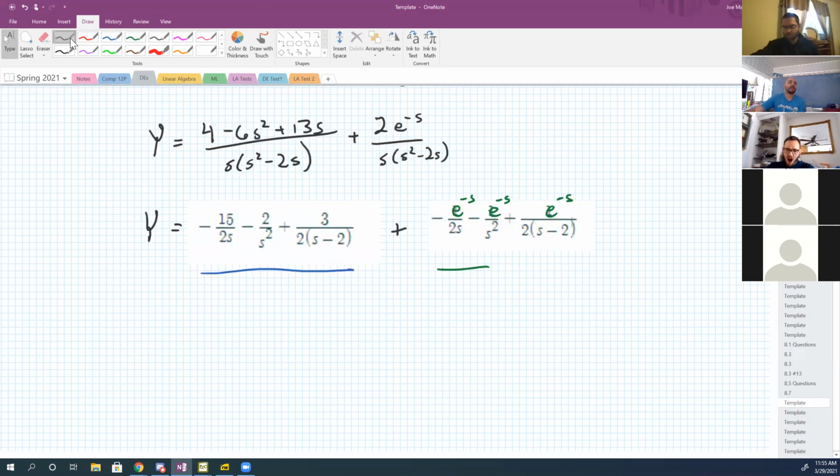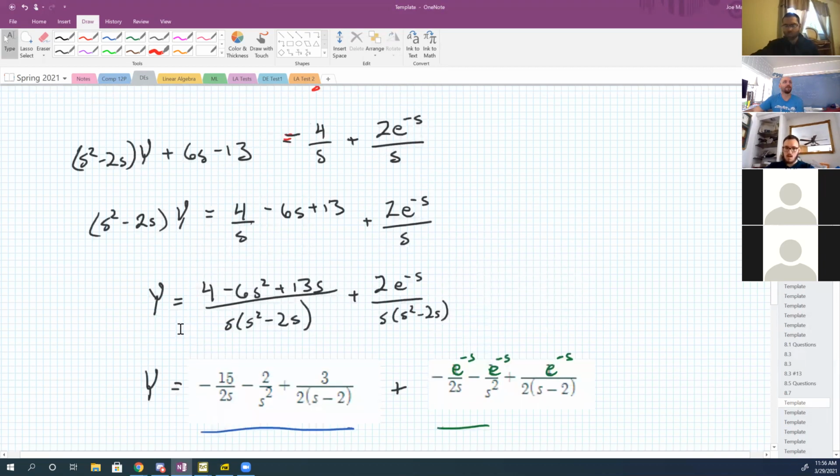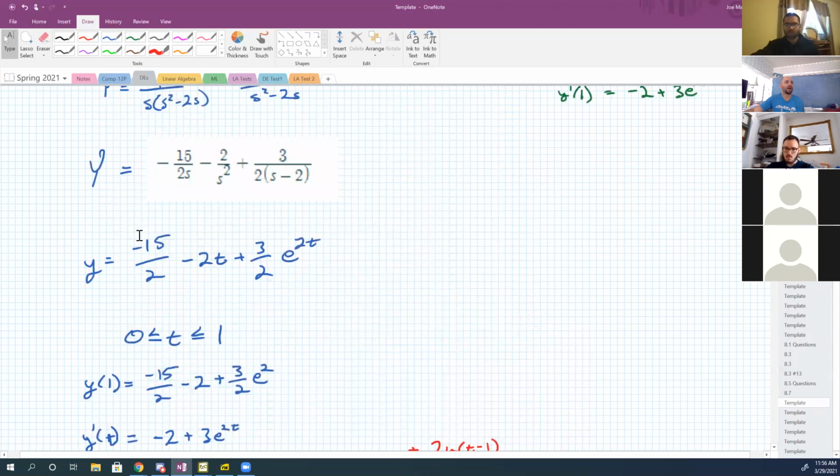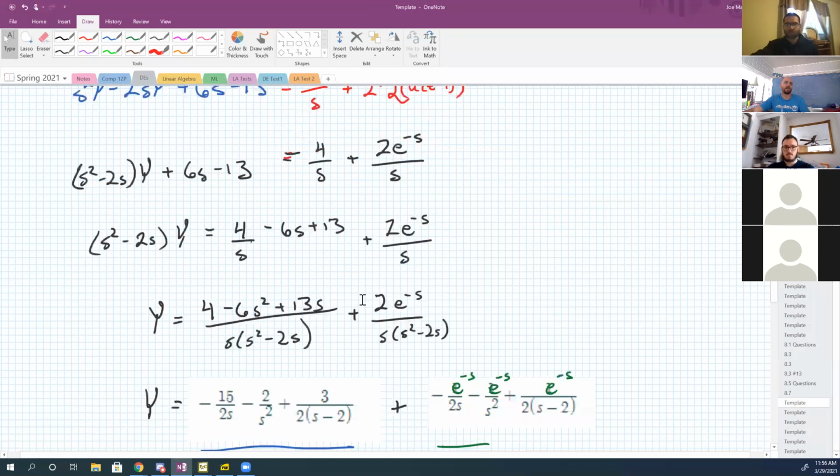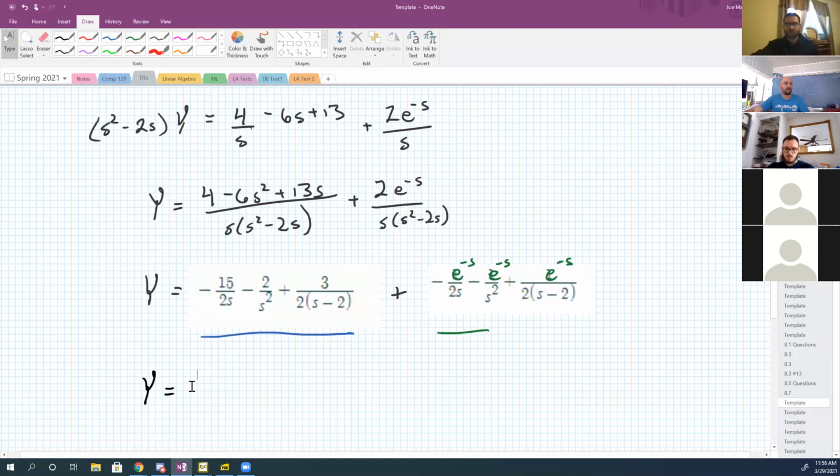All right, so my next task is going to be to inverse Laplace transform this stuff. I already did that when I solved the blue one, so I'm just going to go grab that. Okay, so I got the blue pieces, and now I just need to inverse Laplace transform this thing.